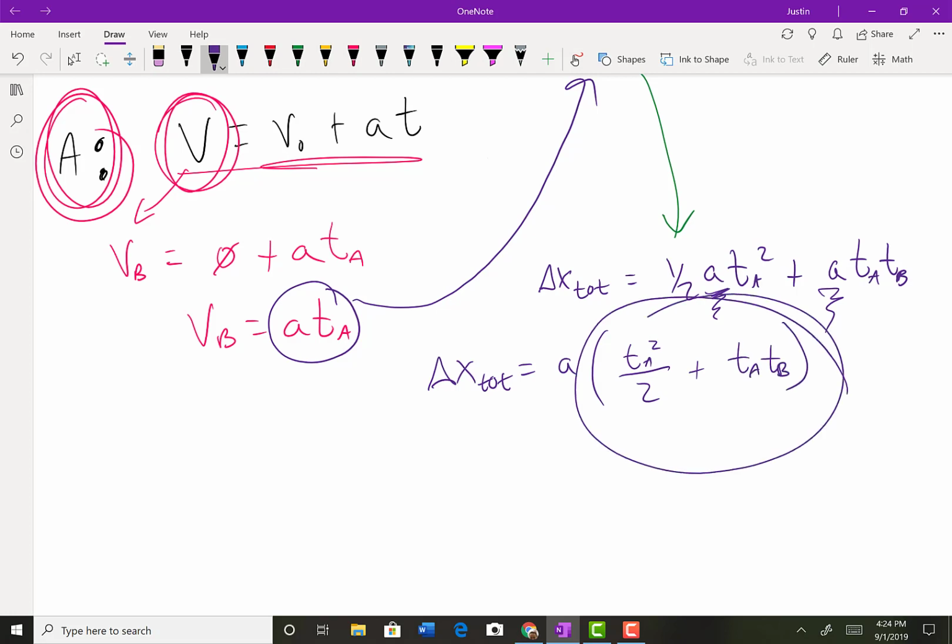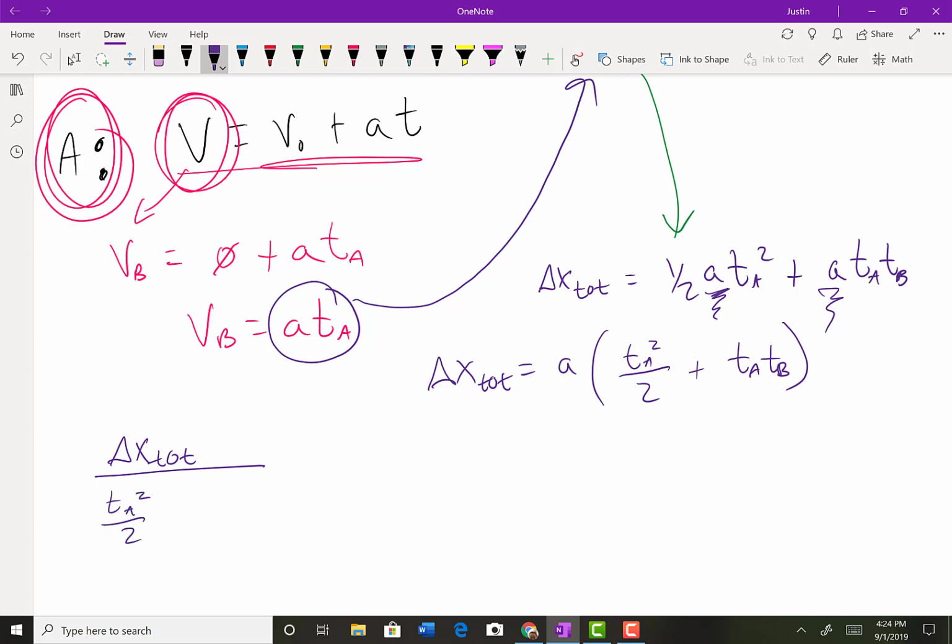And now I'm going to take all this and divide both sides by that so that I can isolate A. So it's going to be delta X total over TA squared over 2 plus TA TB equals the acceleration. Now plugging everything in, my total displacement is 100 meters. Just forego units for clarity.